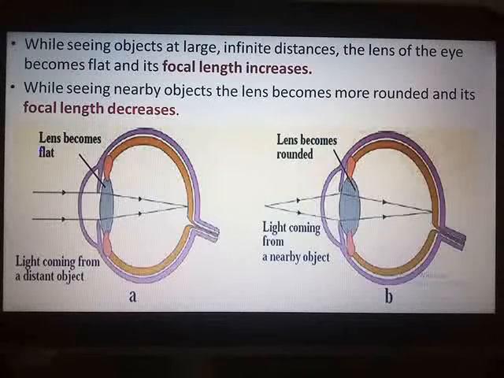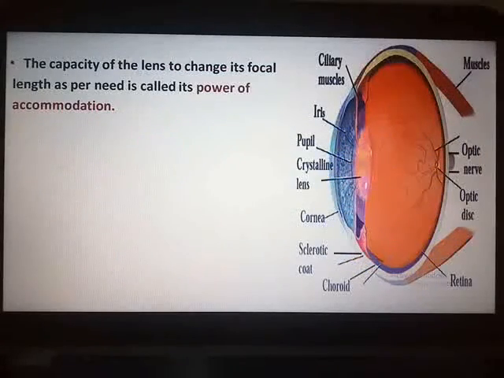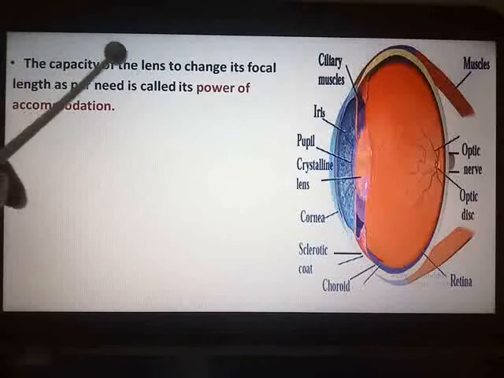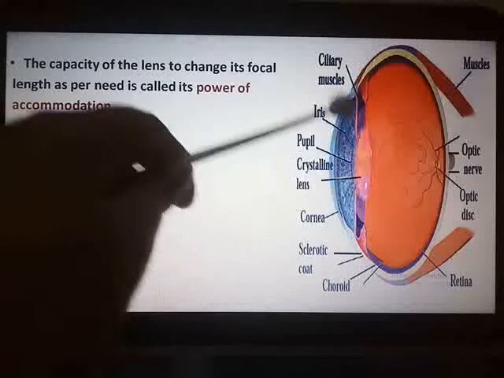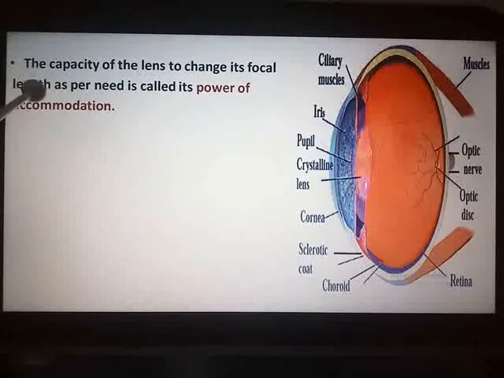This capacity of the lens to adjust, to change its focal length as per the need, is called the power of accommodation. A very important definition.